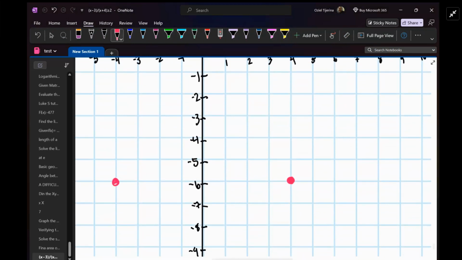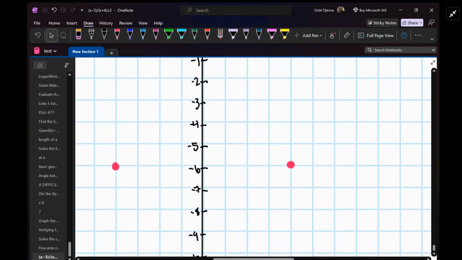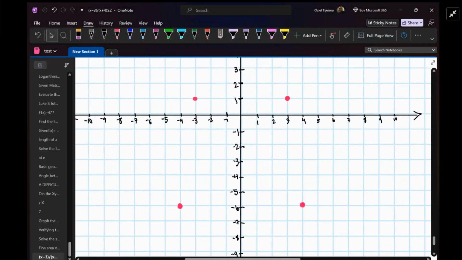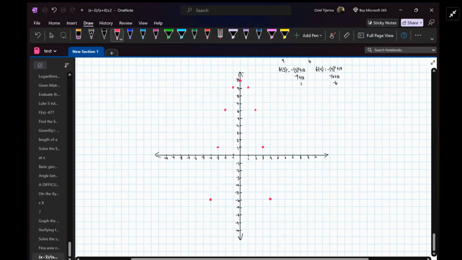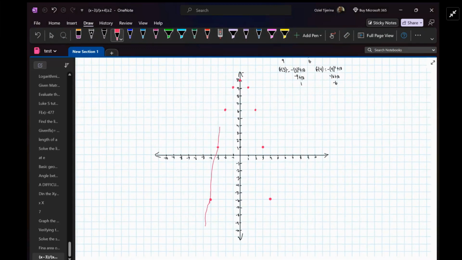So right here. So we're going to go ahead and just sketch this. To the best of my ability, just sketch a parabola, right? It should look something like this, okay?